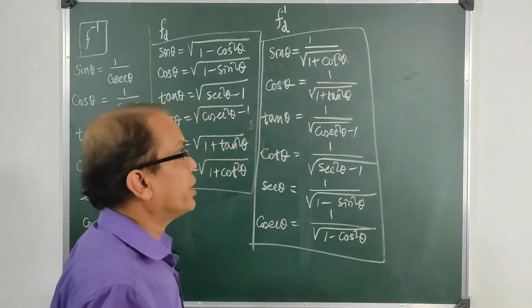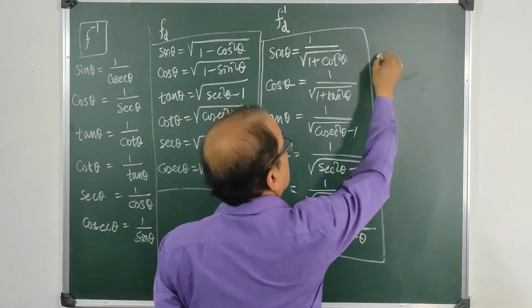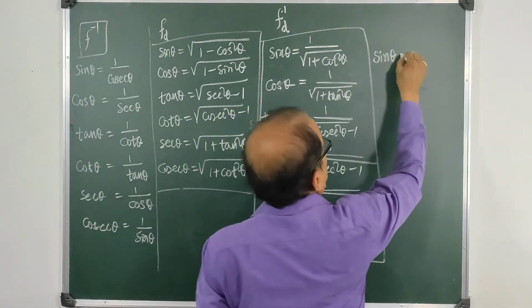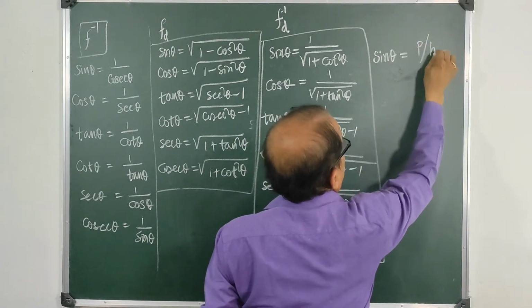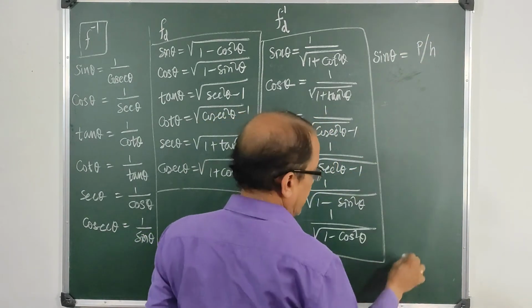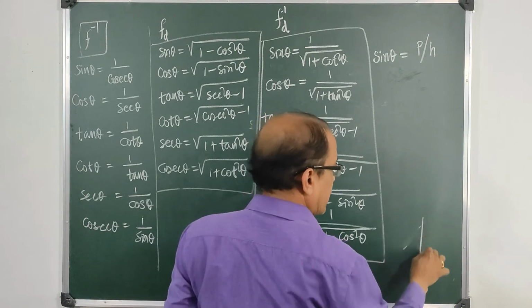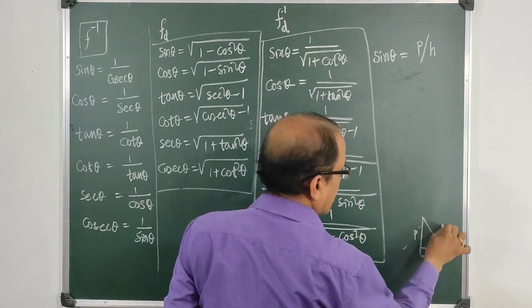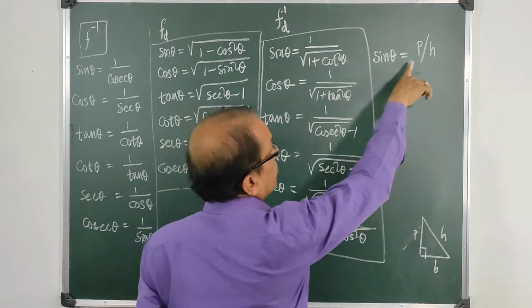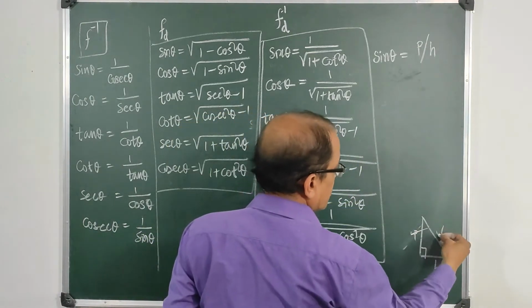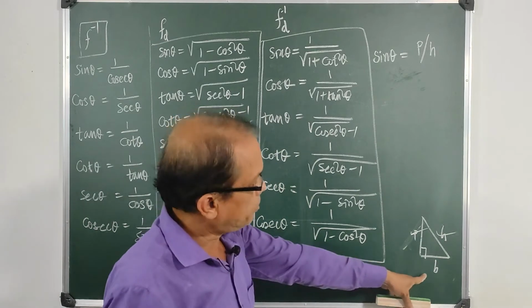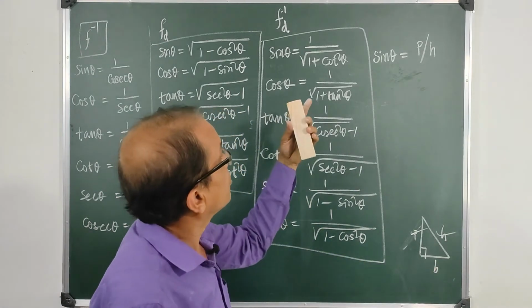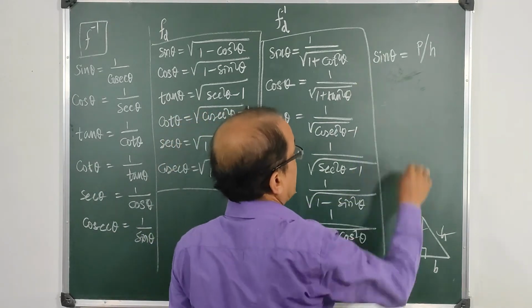These are the alternate ratios. Let us try to find the value of sin theta. We know that sin theta is P upon H, and in a right angle triangle there are P, B, and H, out of which we have P and H here. What is the remaining one? It is B. So let us use this to find the 2 ratios from sin.